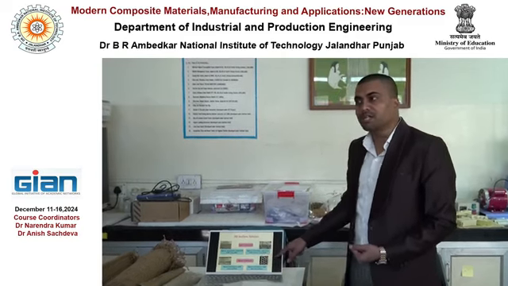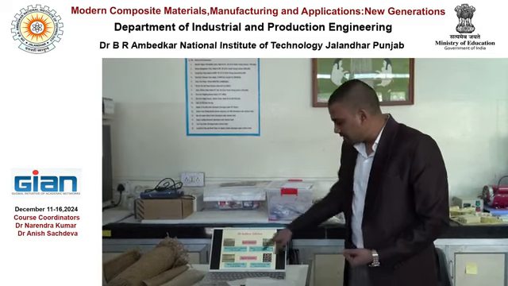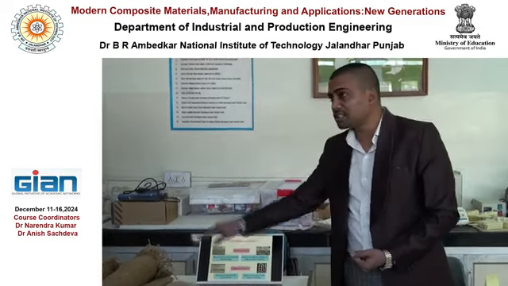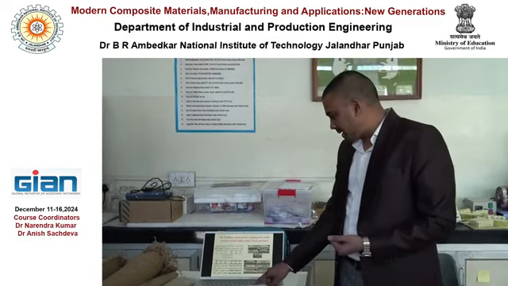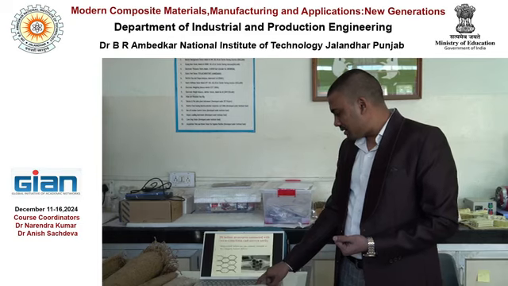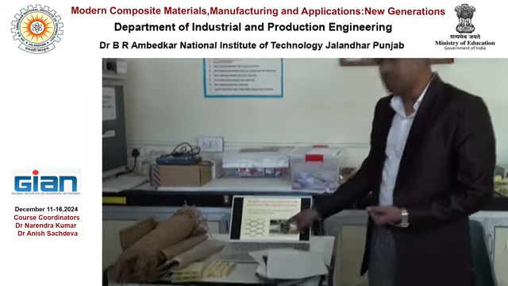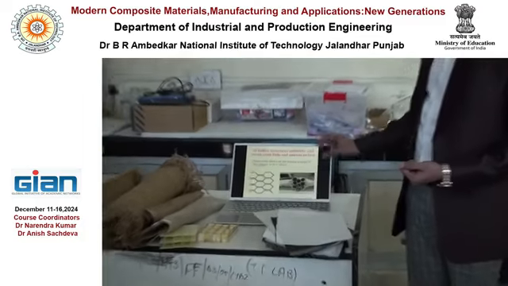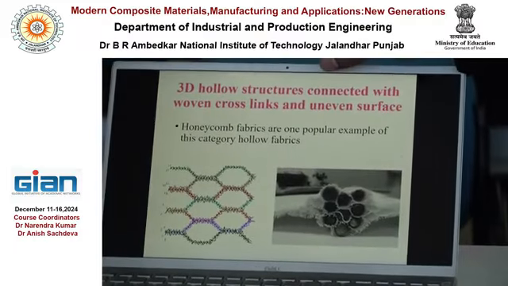For example, this is the honeycomb structure where the surface is not even, right? Whereas in case of this particular spacer structure, the surface is even. So this is the example of spacer structure with uneven surfaces. So look at this honeycomb structure.